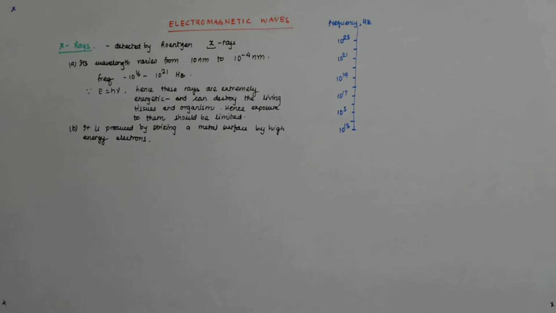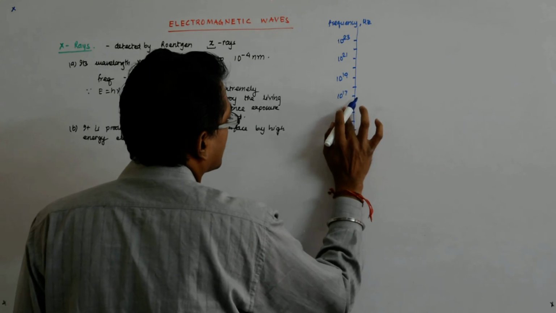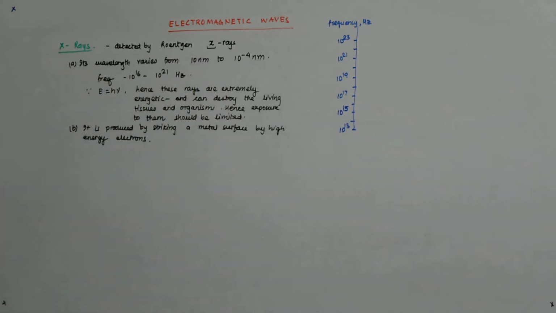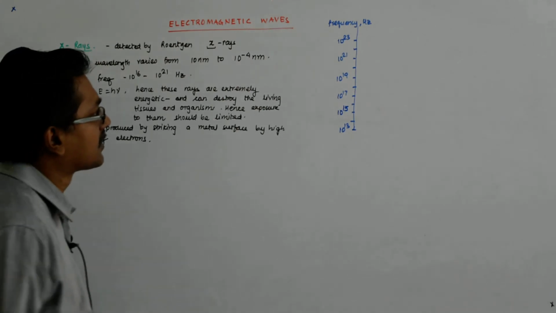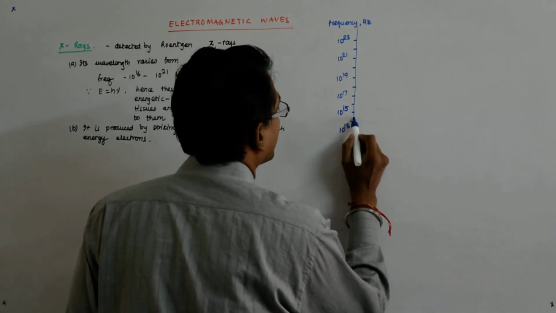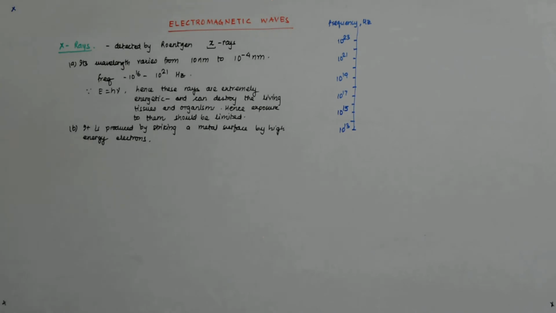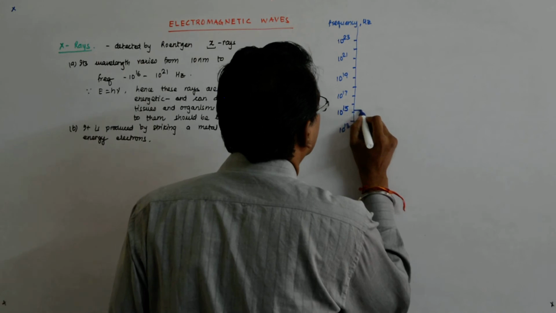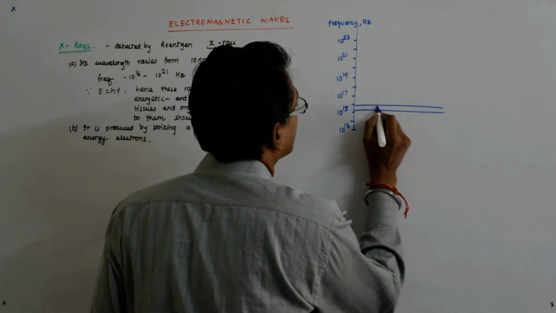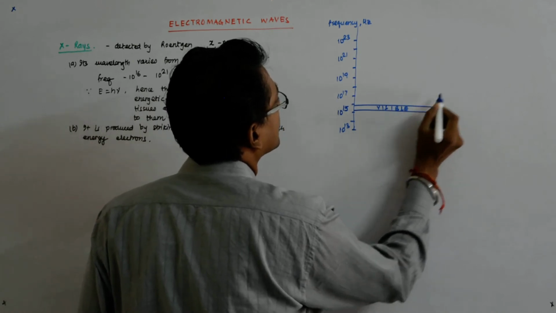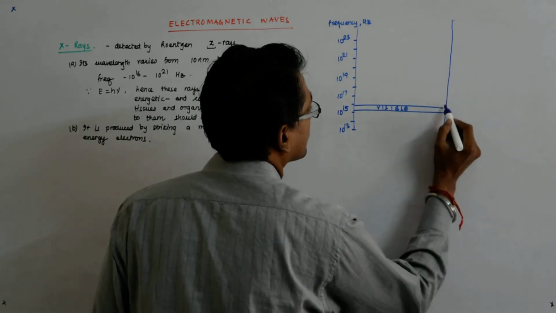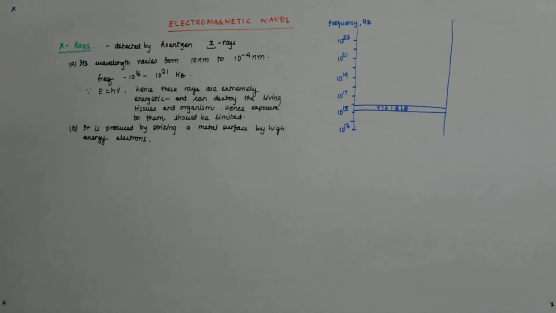Somewhere between 14 and 15 we have the visible region, right?